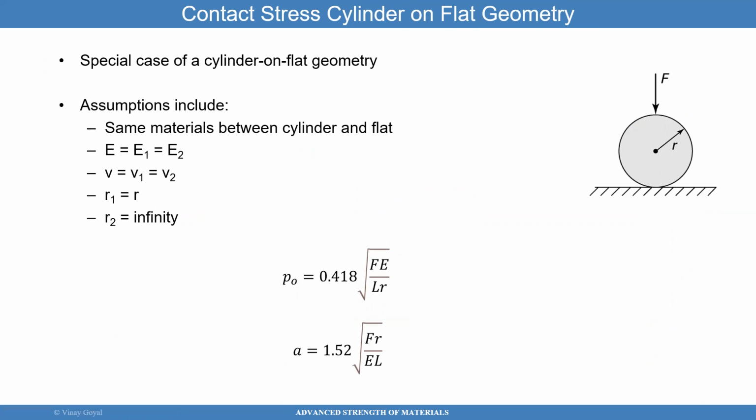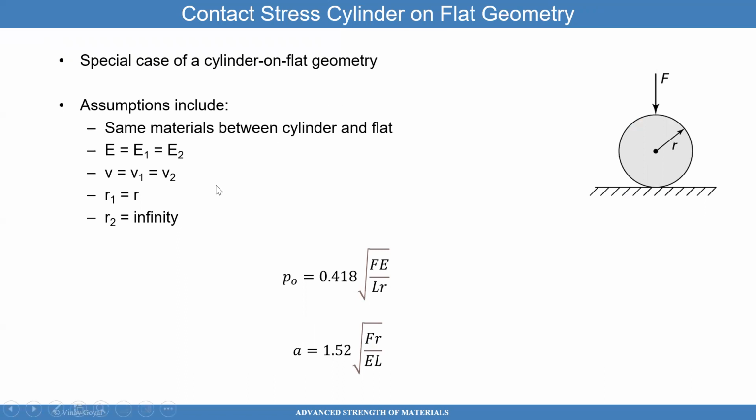contact zone. I'm going to assume both of the materials have the same modulus. I'm going to assume the Poisson ratios are the same. And I'm going to choose one of the radii to go to infinity to effectively simulate the fact that the cylinder is on a flat surface.